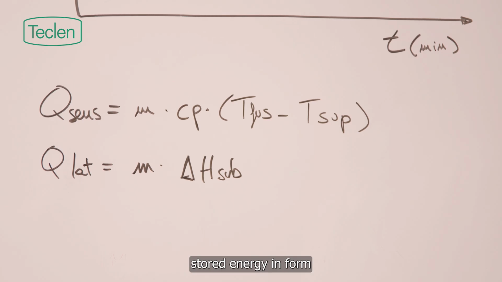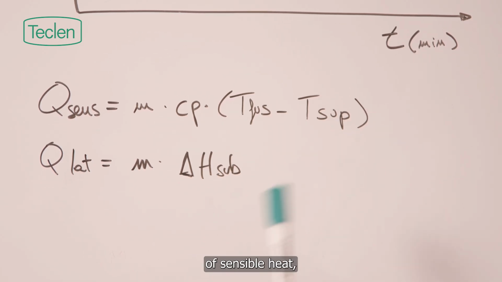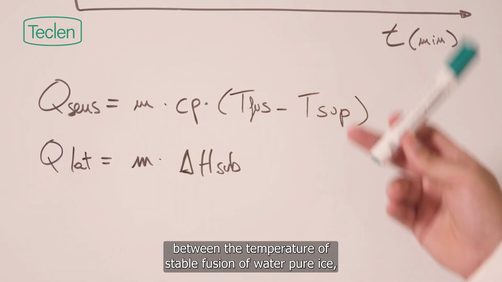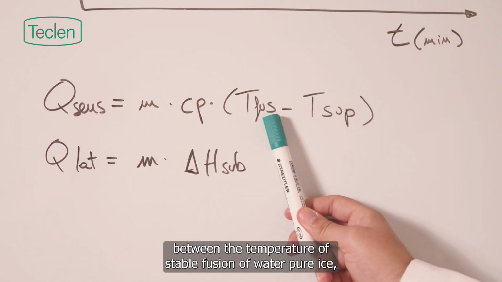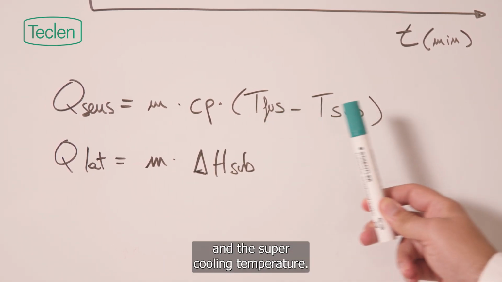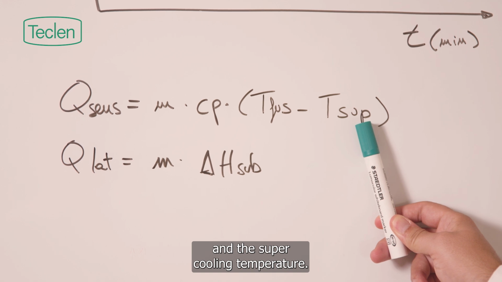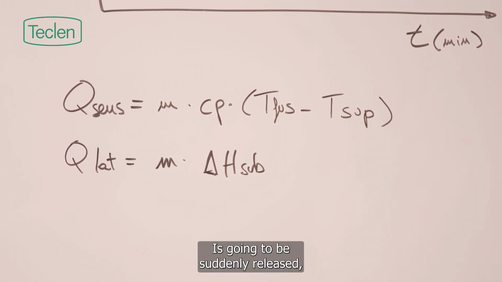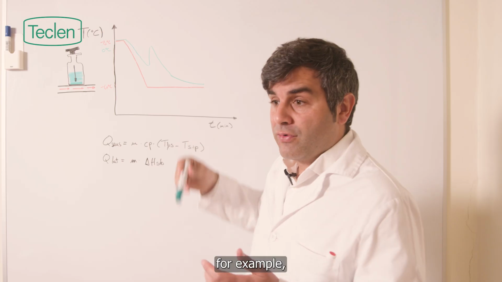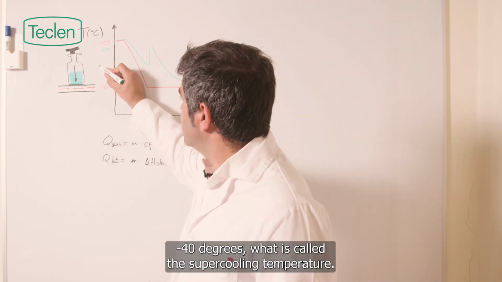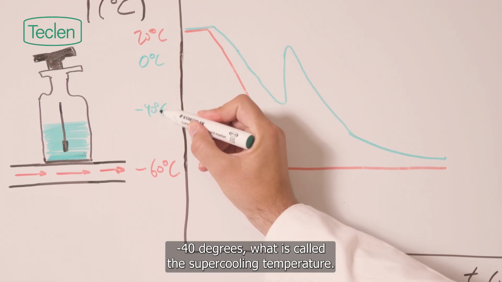All this stored energy in form of sensible heat, between the temperature of stable fusion of pure water ice and the supercooling temperature, is going to be suddenly released up to a point, for example, minus 40 degrees, in what is called the subcooling temperature.